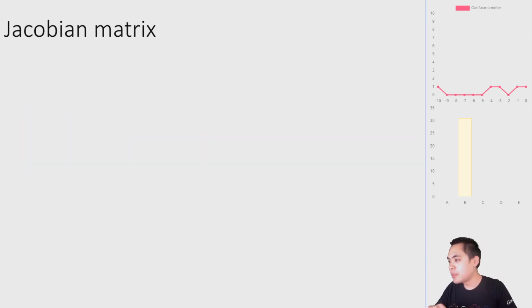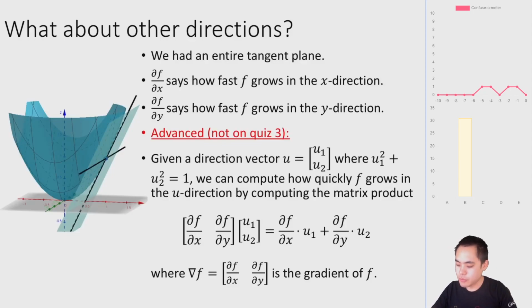When you say length 1... Oh, no. Let me go back and explain this a little bit more. So let's just say that we had a 2D plane. This thing has length 1, right? So this vector here has length 1. This vector here also has length 1. But this vector here can also have length 1 if it's on the unit circle.